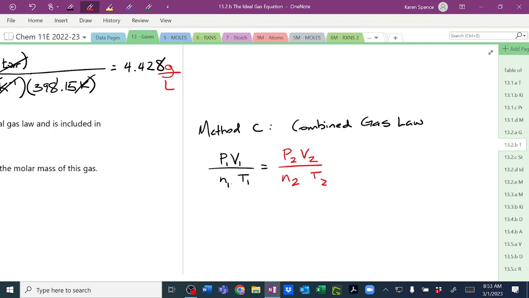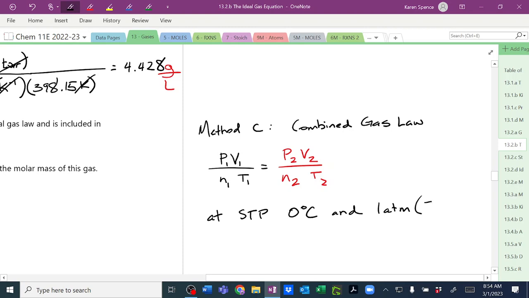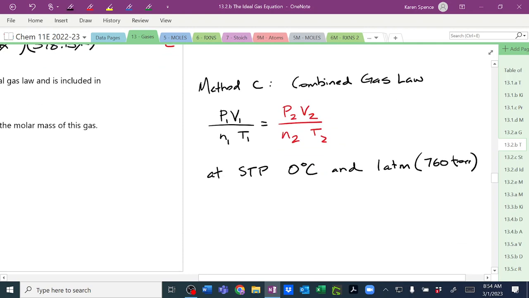And what we can do is say we know that at STP, now remind me, what is STP? STP is 0 degrees Celsius and 1 atmosphere, which is also 760 torr, yes? At that temperature, 22.4 liters is equal to 1 mole.